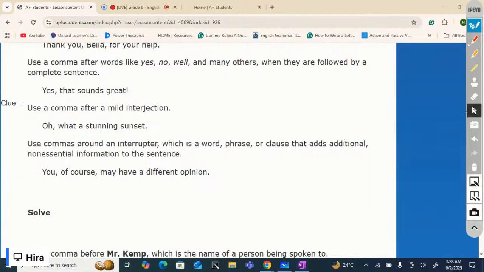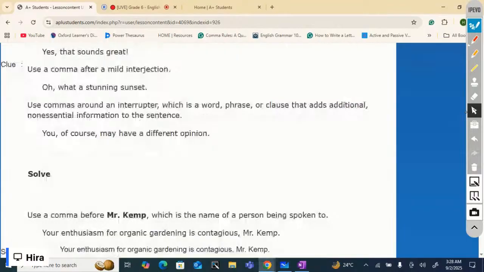And interrupters. One thing is left. Use commas around an interrupter, not after, around an interrupter. What is an interrupter?